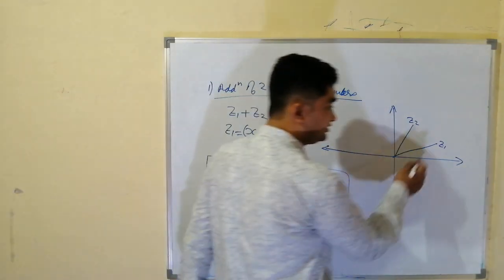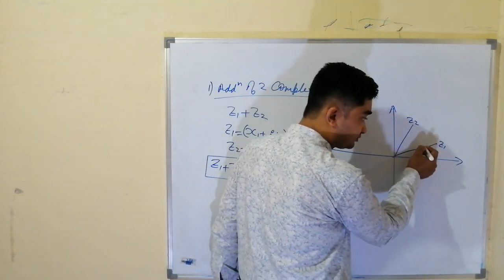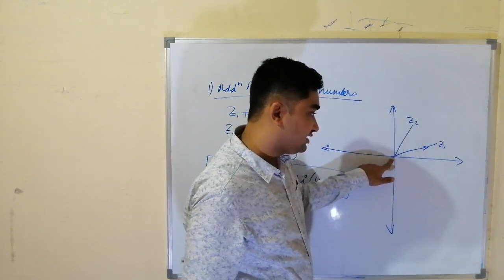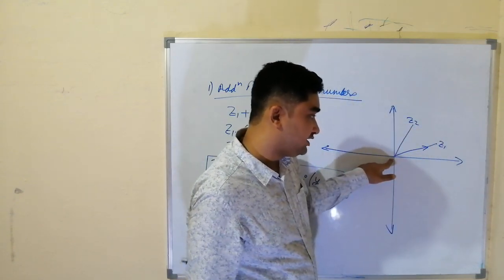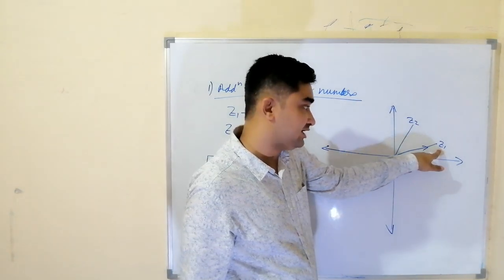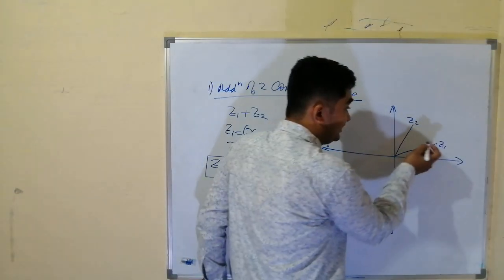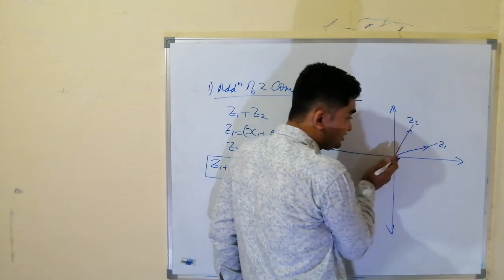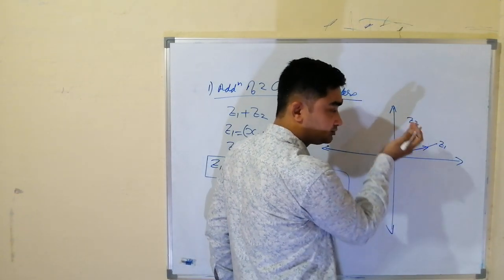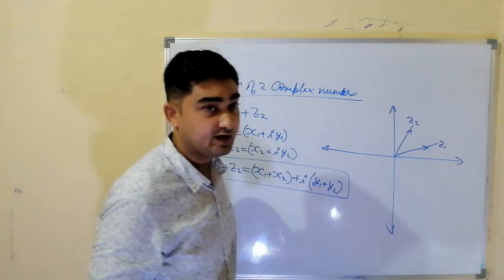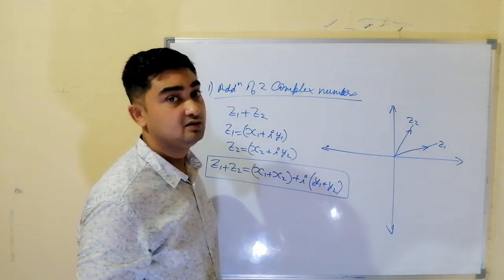Now we have to add Z1 and Z2. This directed line segment from origin to the point Z1 represents complex number Z1. This direction represents Z2. Now we can add them like vectors.